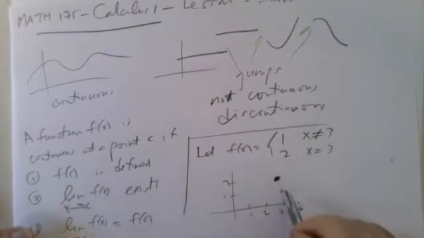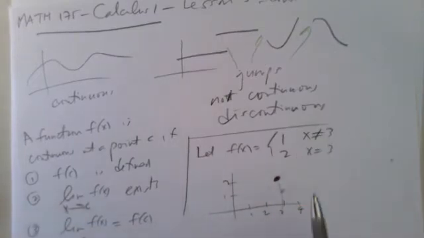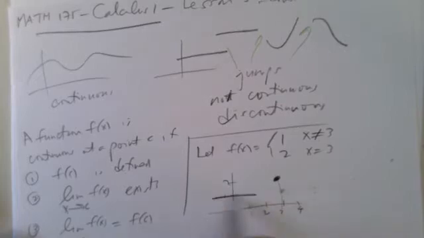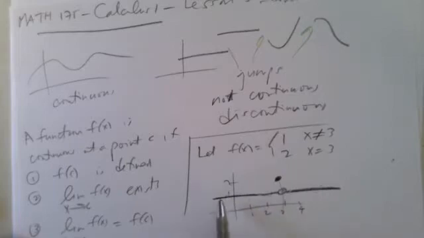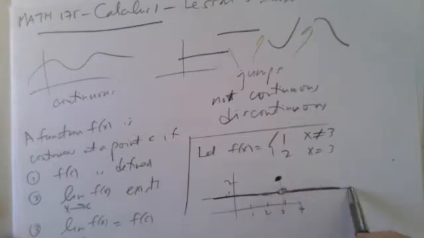When x is equal to 3, the value of the function is 2. But for all x different from 3, the value of the function is 1. So this function is this horizontal line. At the point 3, it jumps up 1, and then it continues at 1 forever after.